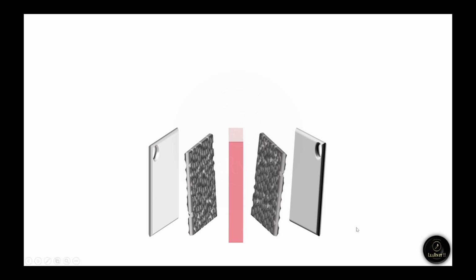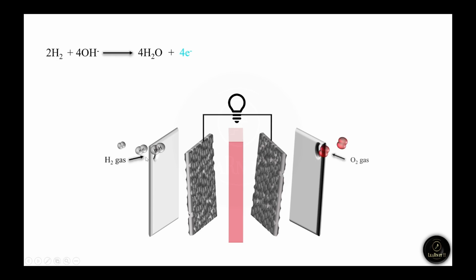Let's understand the working of the hydrogen oxygen fuel cell. When both the electrodes are connected to a bulb or a motor of a vehicle, this reaction happens with respect to hydrogen. We feed the fuel cell with hydrogen at one side and oxygen at the other side.